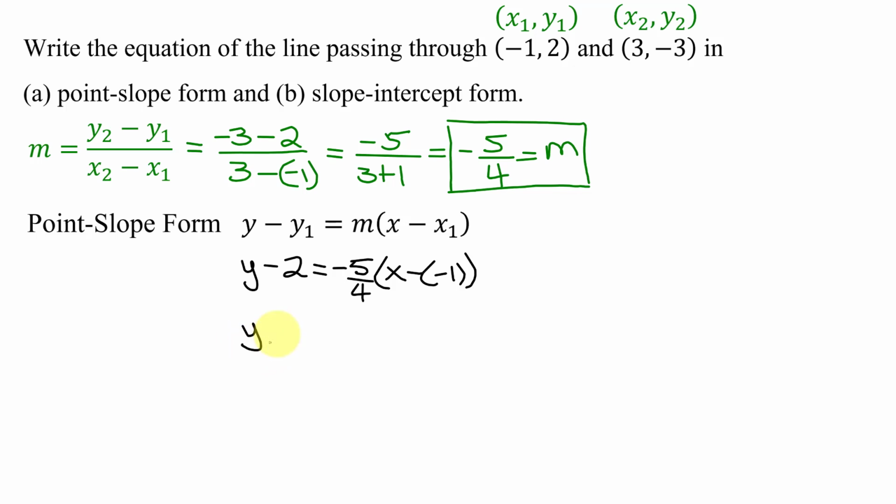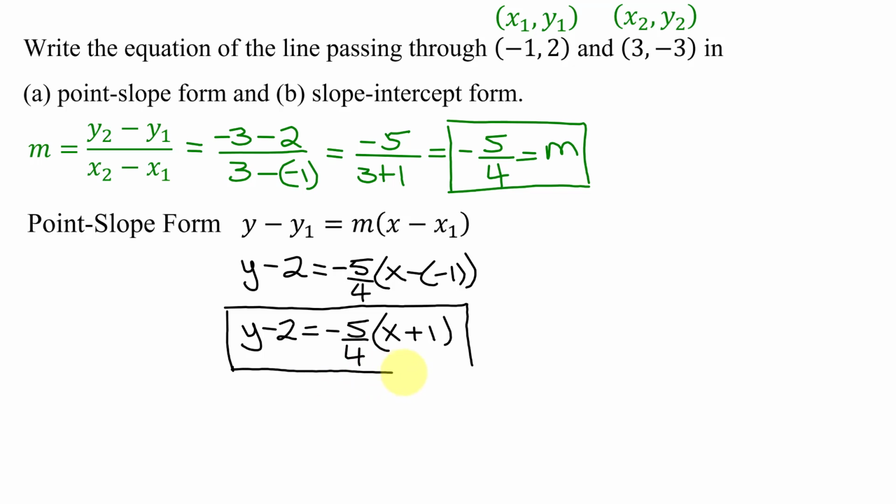So simplifying, I get y minus 2 equals -5/4 times x minus a negative, add the opposite, so it's going to be x plus 1. So that is the point-slope form of this line using point 1. I could equally use point 2, and I will get a slightly different but equally correct equation, because this number and this number would be different if I used the second point.